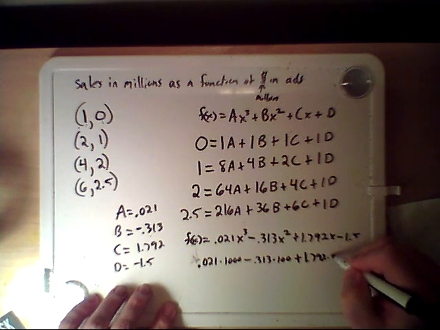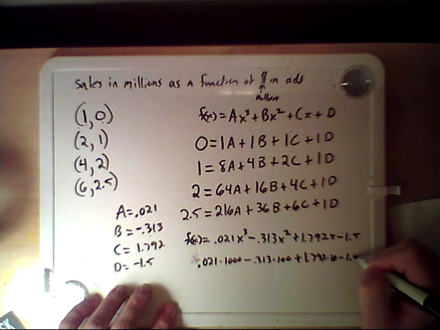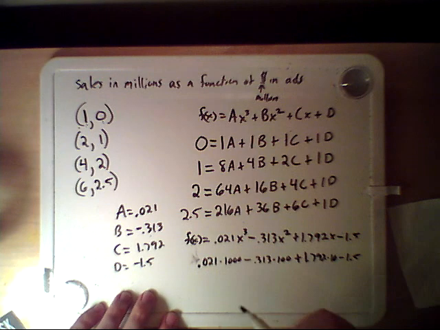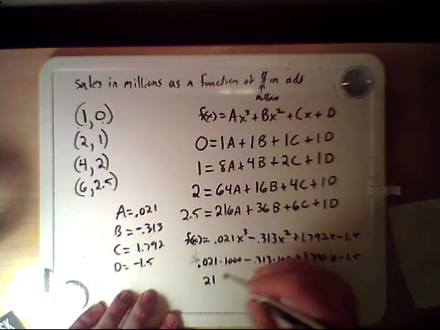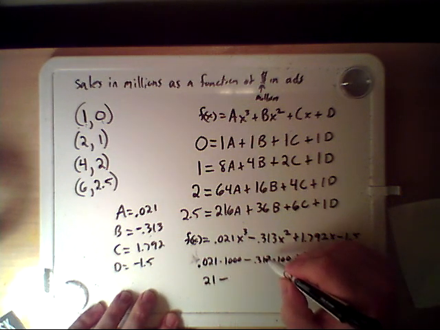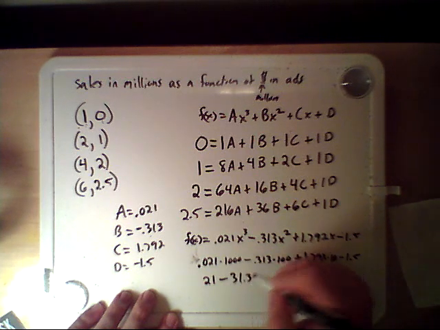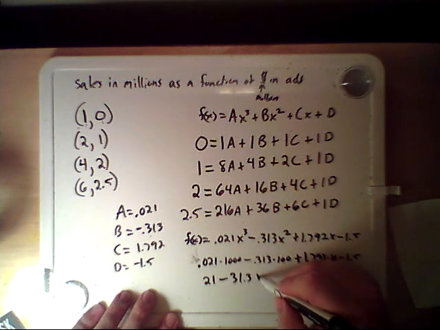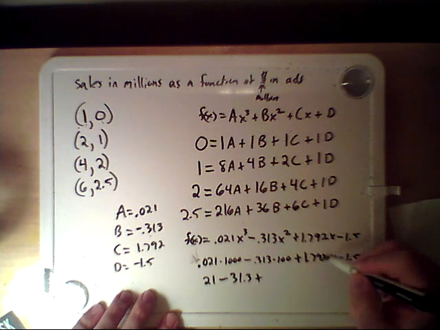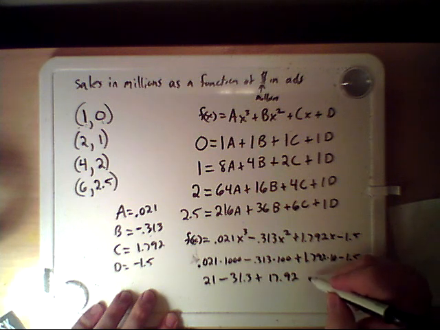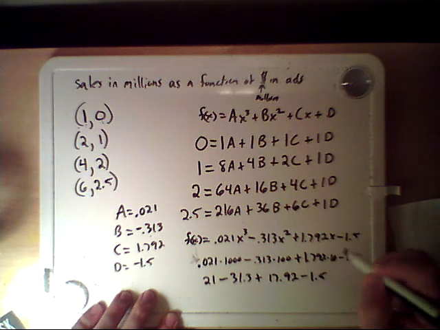times 10 minus 1.5. All right, let's see if we can simplify this, right? 0.021 times 1,000 would be 21, minus 0.313 times 100 would be 31.3, plus 1.792 times 10 would be 17.92, minus just 1.5.